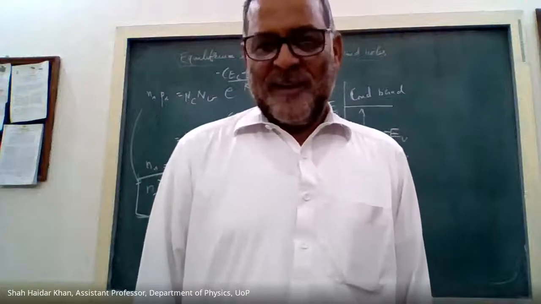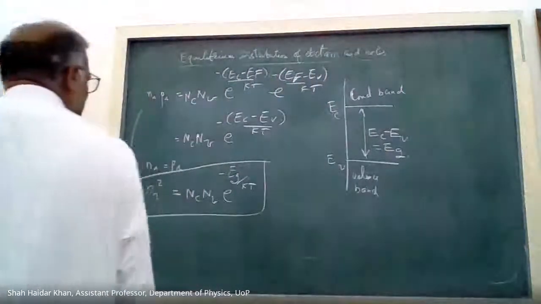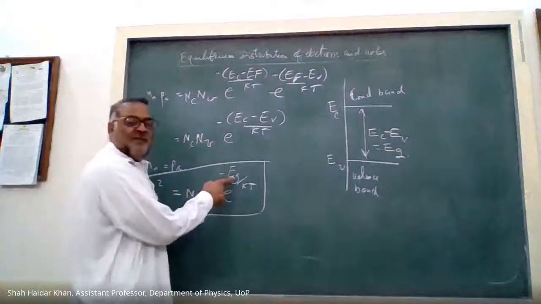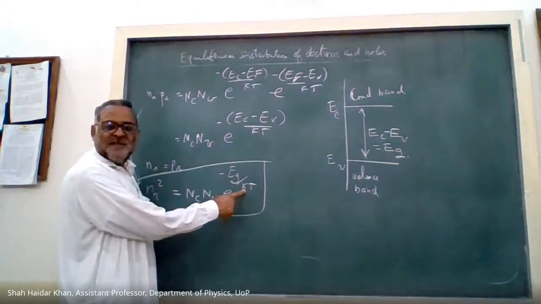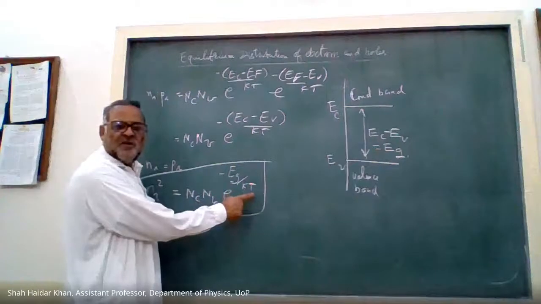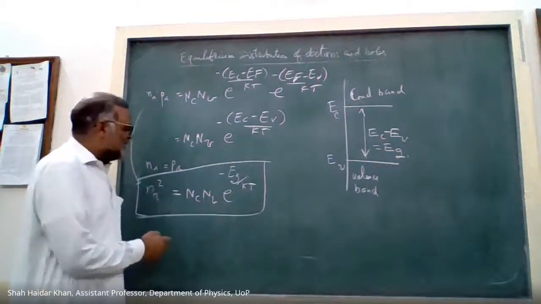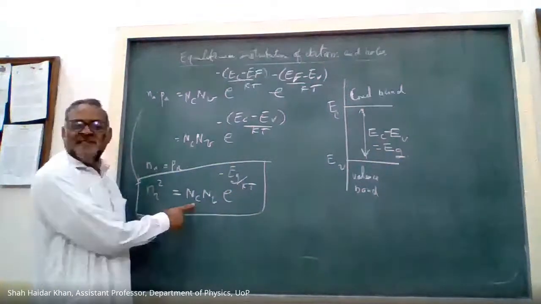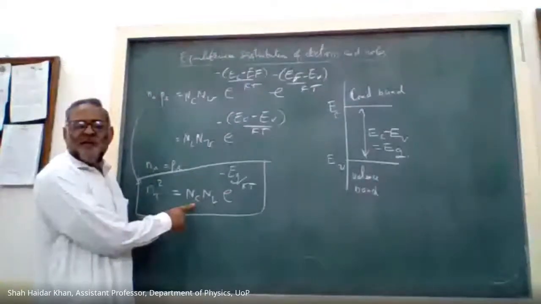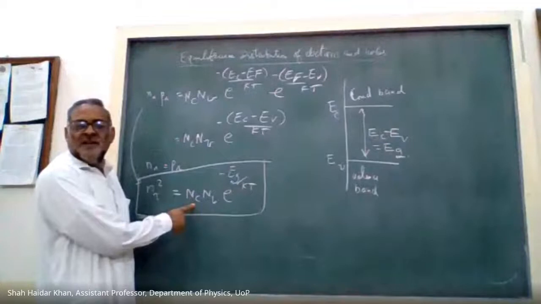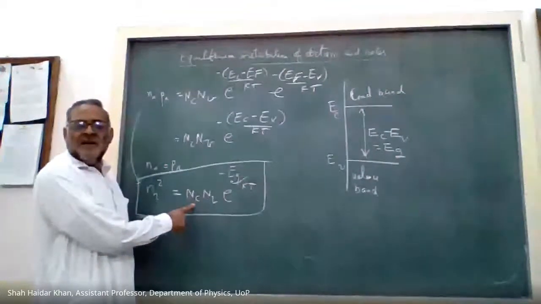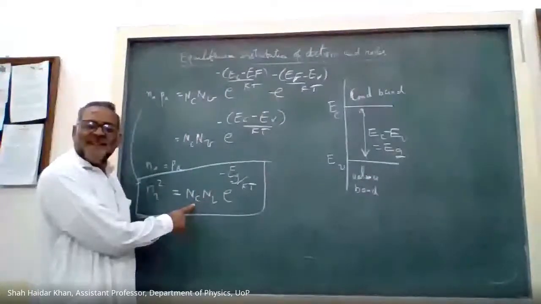If we know the band gap energy, the Boltzmann constant, and the temperature, right? We know NC. NC again we get from the effective mass of the electron, the Boltzmann constant, the temperature, and the Planck constant.